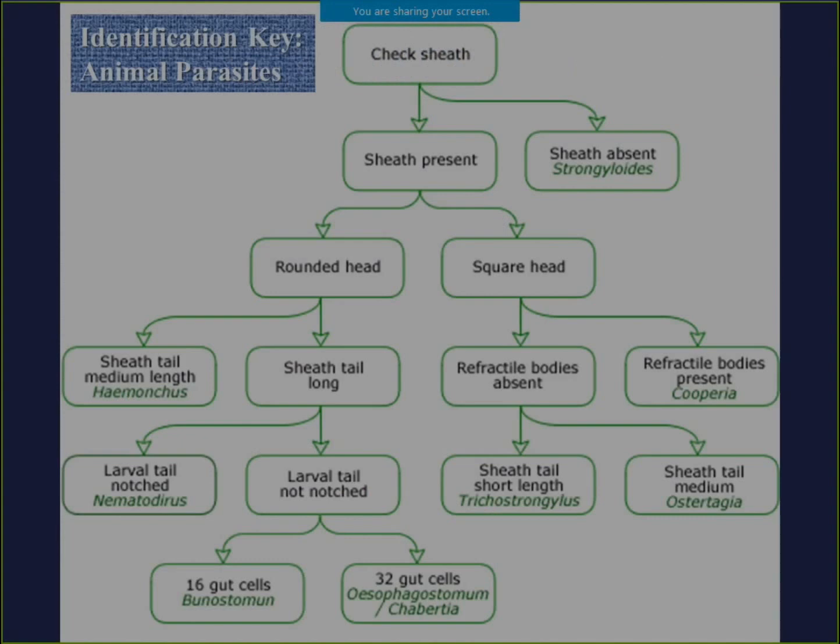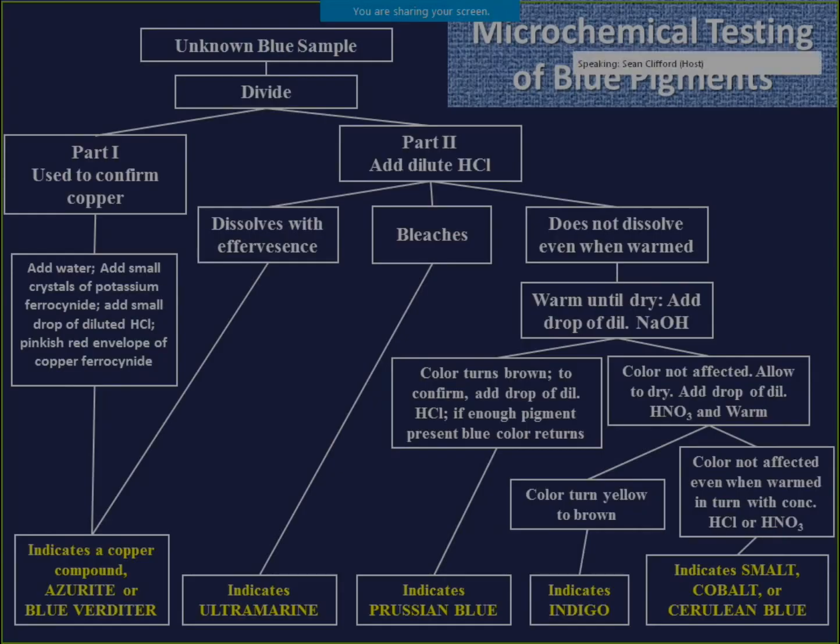We're familiar with these sorts of logical trees because they're used as identification keys for things like plants, trees, pollen, or here this example is for identification of parasites that can infect animals. And we use these in conservation.